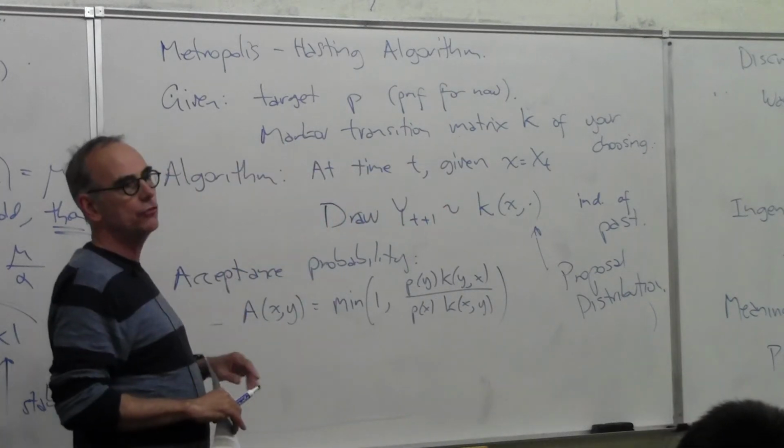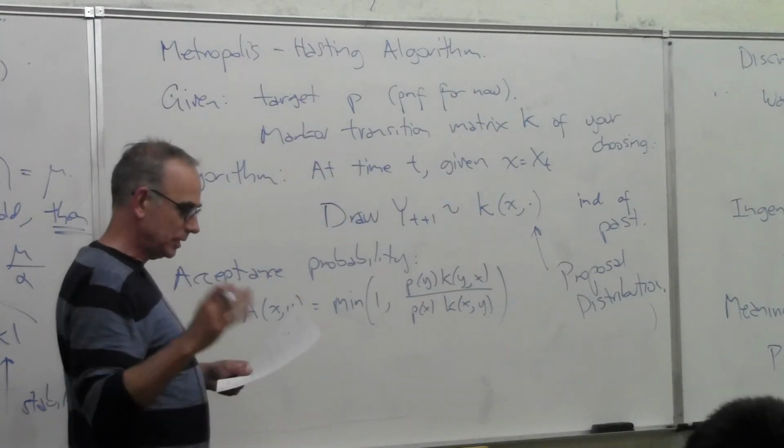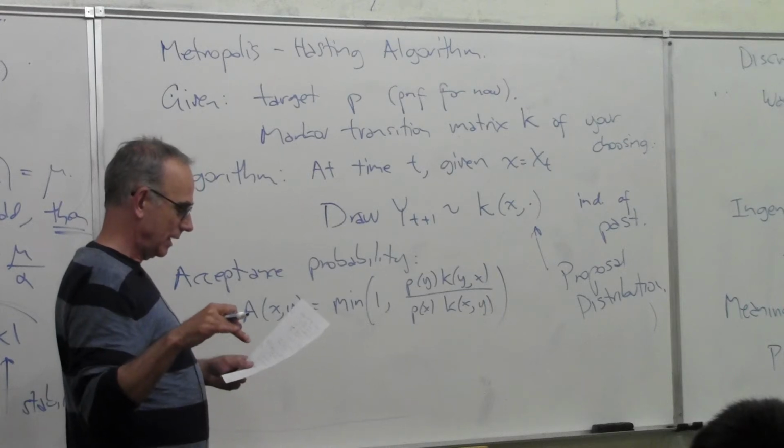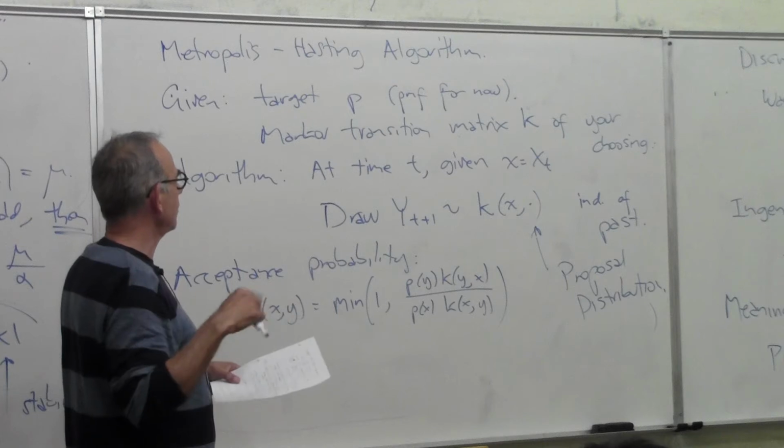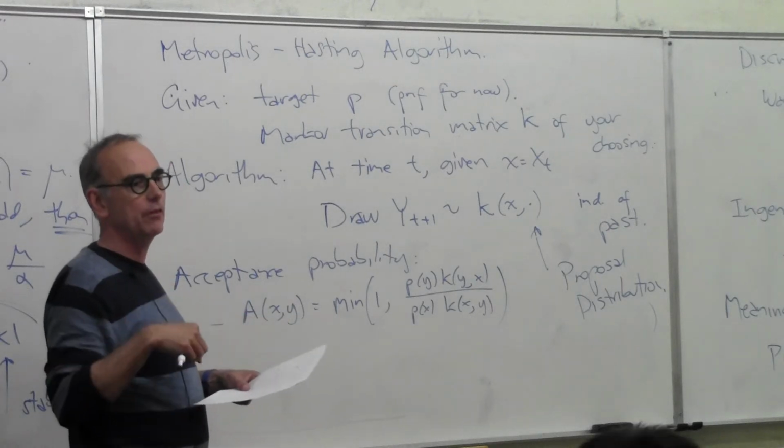You define this function of two variables, and you plug in x and y to get your probability of accepting this proposal.